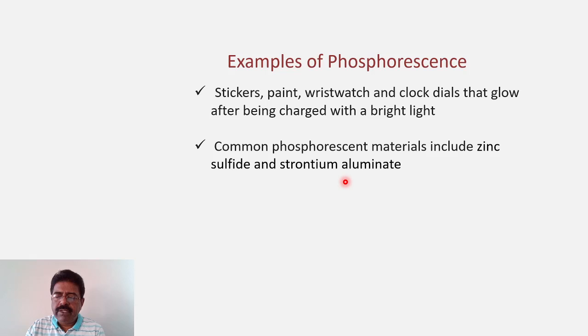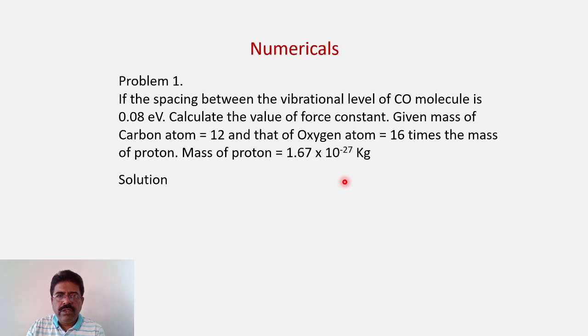Now, a few numericals I am going to discuss in this video. The first numerical, let us see now. The problem is: if the spacing between the vibrational levels of the carbon monoxide molecule is 0.08 electron volt, calculate the value of the force constant for the CO molecule.